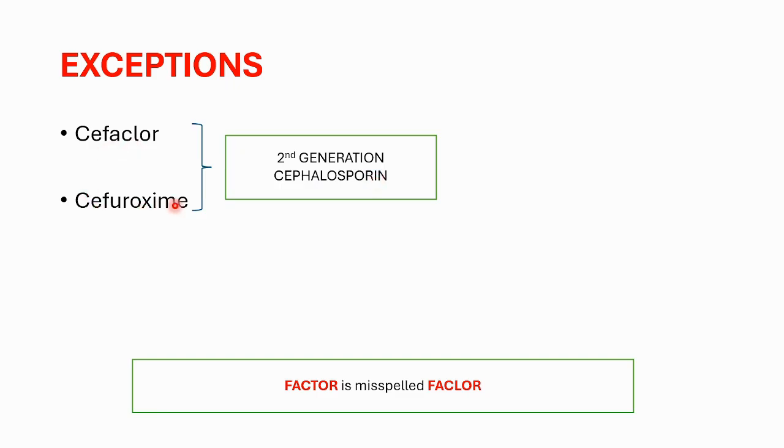So it also falls in the category of second generation cephalosporin. Or you can also memorize it this way: the word FACTOR in cefaclor is spelled as FACLOR. So there is a spelling mistake, so it cannot fall in class 1 or first generation cephalosporin. So anyhow, you have to remember that the bold C stands for cefaclor and cefuroxime, which fall in the category of second generation cephalosporin.